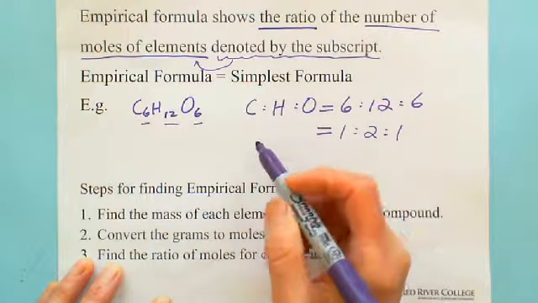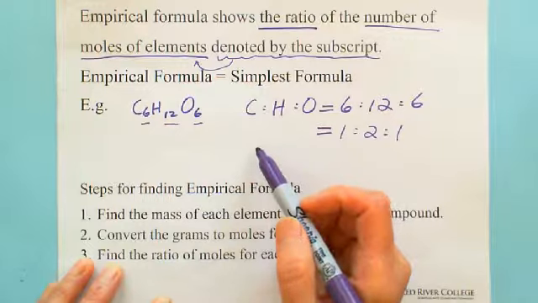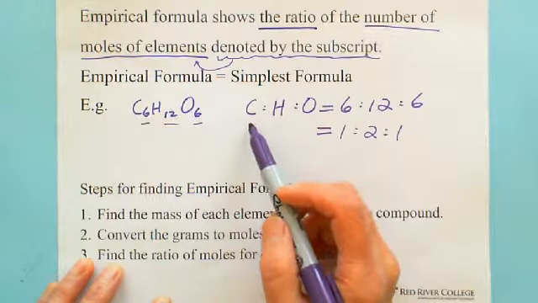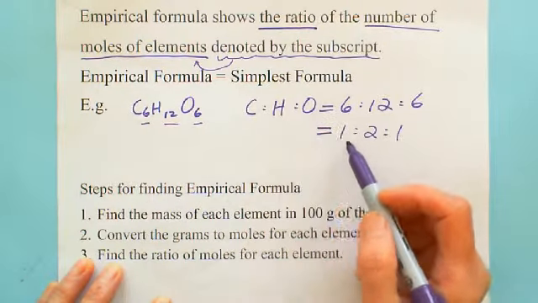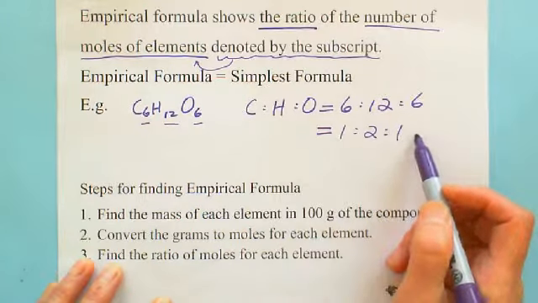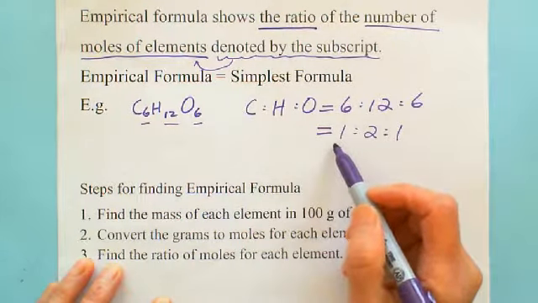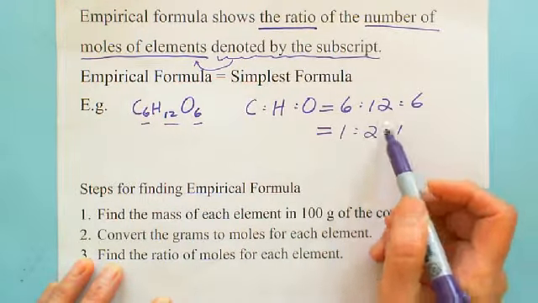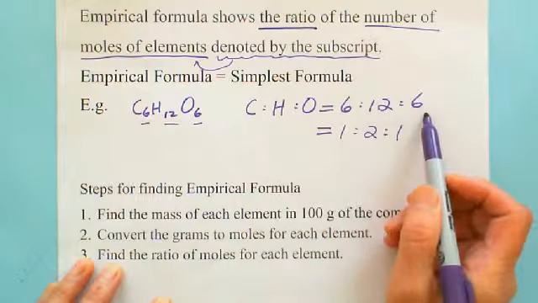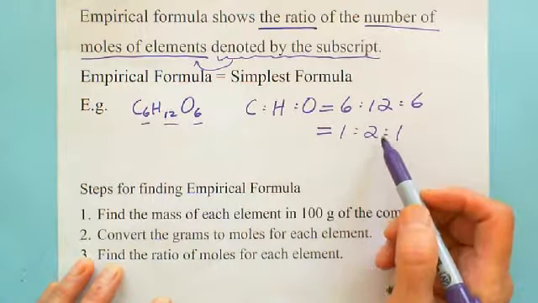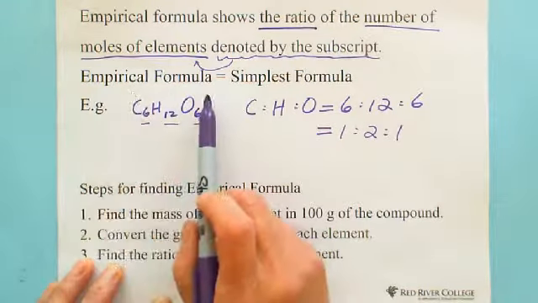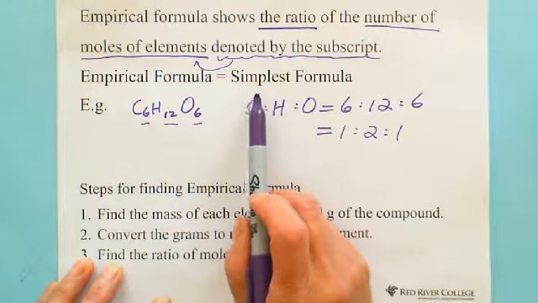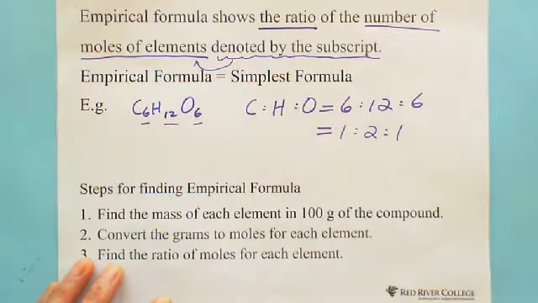That's why the ratio in the empirical formula of carbon to hydrogen to oxygen is 1 to 2 to 1, because 1 to 2 to 1 is the simplest ratio of 6 to 12 to 6. That's why sometimes we call the empirical formula the simplest formula.